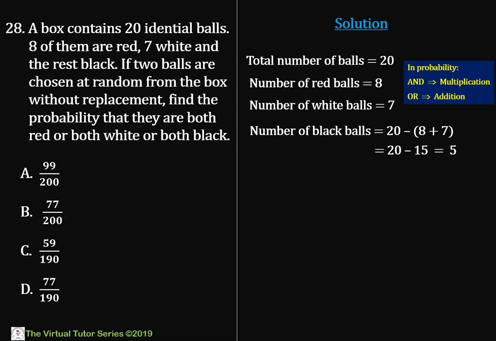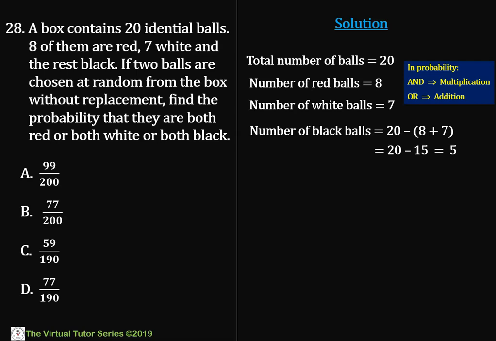Since the choice of the two balls is without replacement, the probability that both are red is the probability of choosing the first red ball and the probability of choosing the second red ball. The probability of choosing the first red ball is 8 over 20, and the second red ball is 7 over 19.